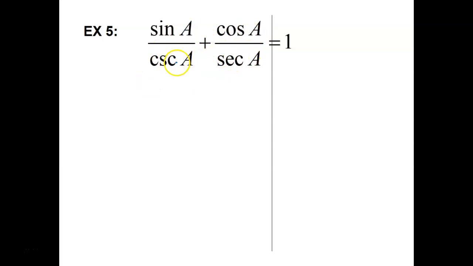I'm going to change everything to sine and cosine. So this numerator just says sine A. But the denominator is 1 over sine A. And over here, numerator is cosine A, denominator is 1 over cosine A.